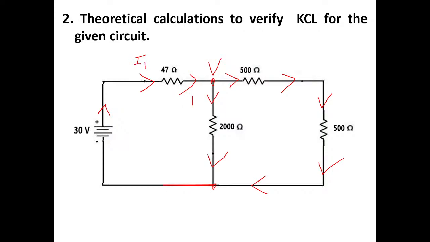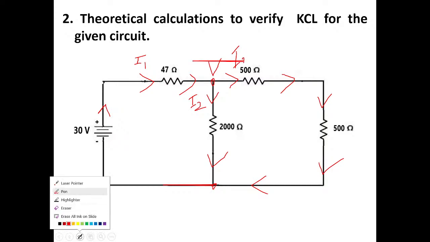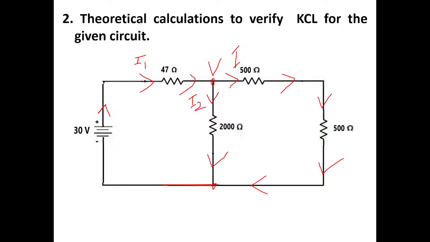Now here current is divided at this node V. Current is divided into two currents, that is I2 and I3. Okay.